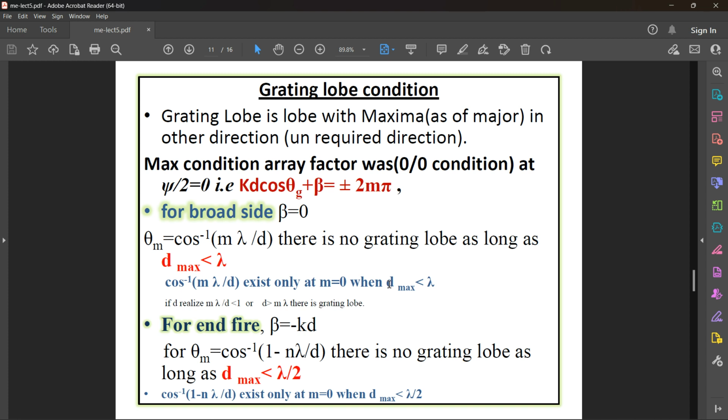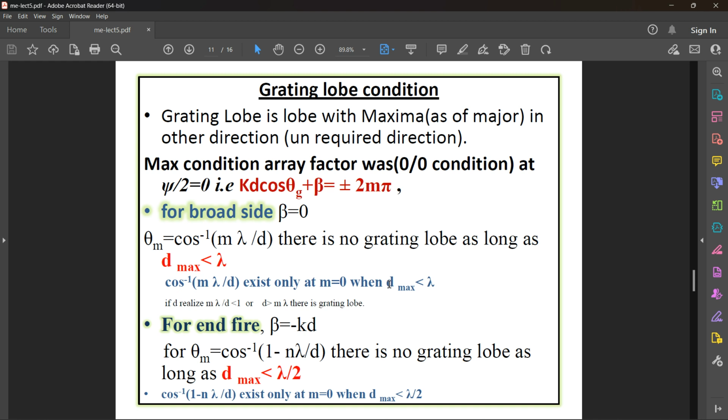For the broadside array, beta is equal to 0, and for the endfire array, beta is equal to minus kd. For beta equal to 0, theta m is equal to cos inverse of m lambda by d, where there is no grating lobe as long as d max is less than lambda.